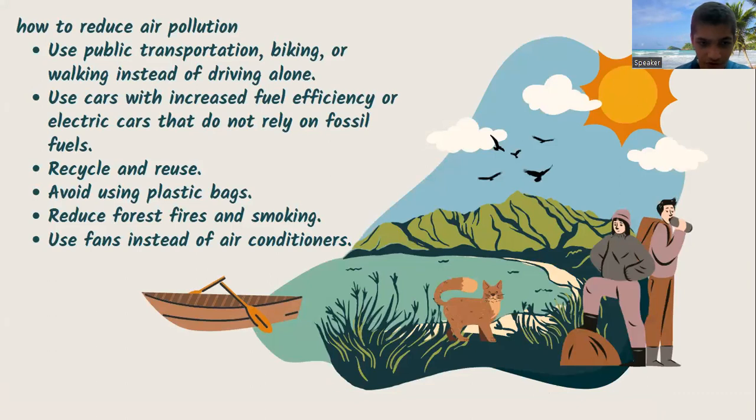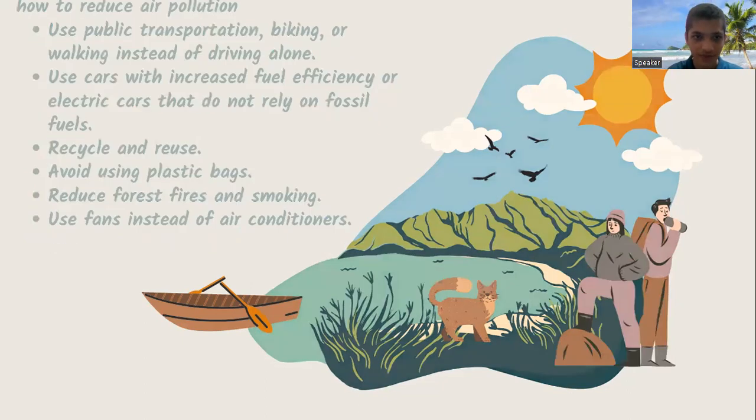Recycle and reuse, avoid using plastic bags, reduce forest fires and smoking. And you can use fans instead of air conditioners, because air conditioners release some harmful gases to the ozone, which will make global warming, and it's a long story.